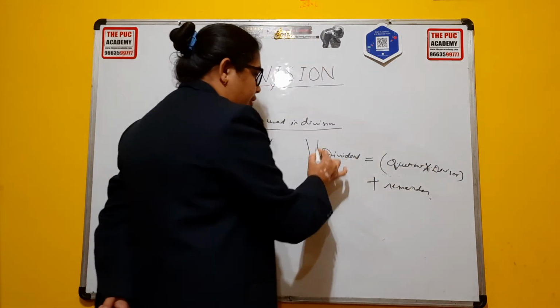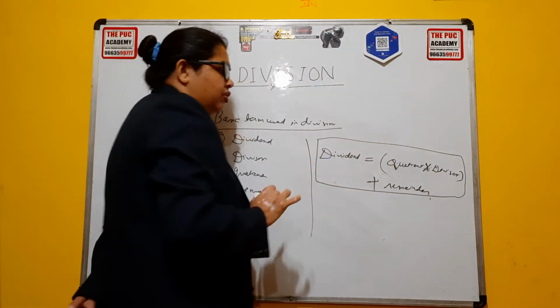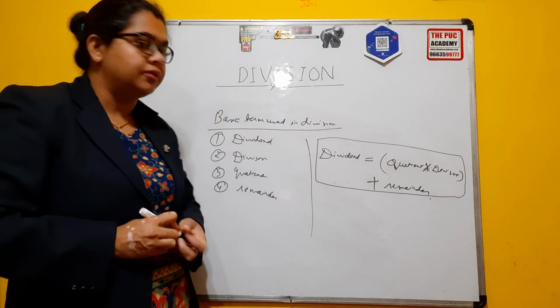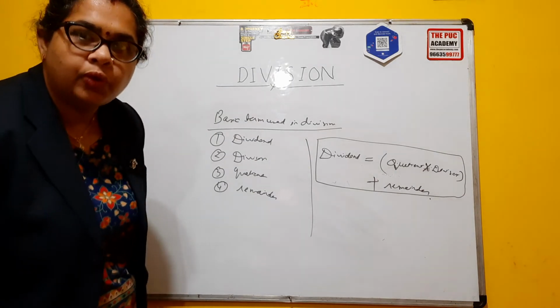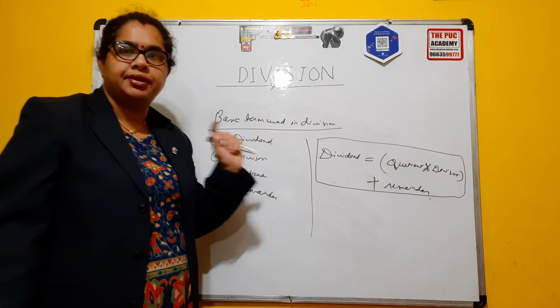So this is your formula which you have to understand about division. What is the formula, children? Dividend equals quotient into divisor plus remainder.